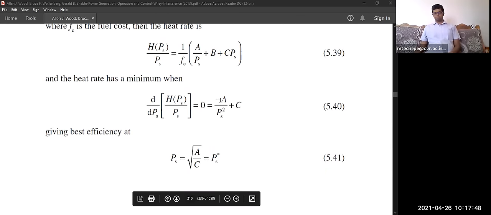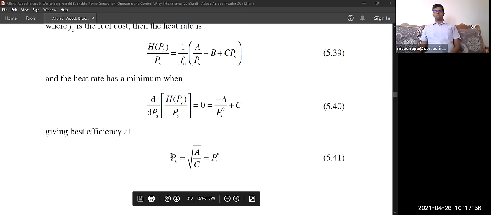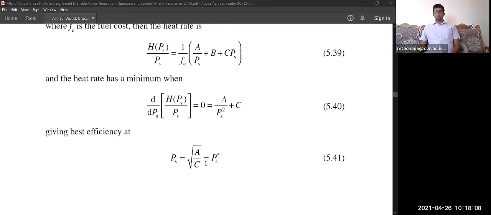Further simplifying, Ps squared is equal to a divided by c, so Ps is equal to root of a divided by c. It's nothing but Ps star, the optimum power generated from the steam generating unit.